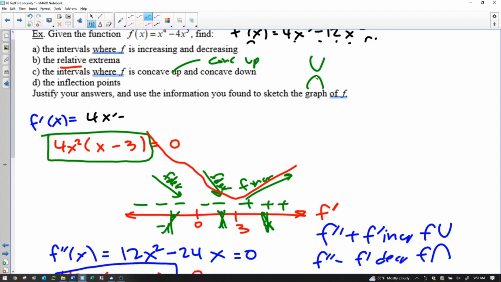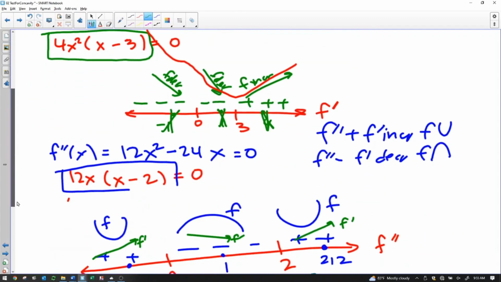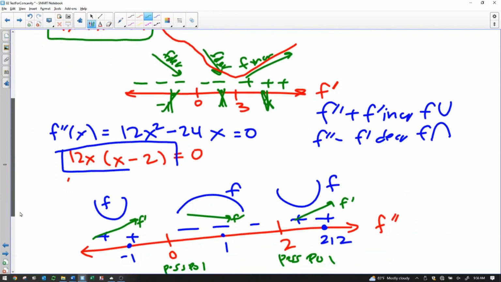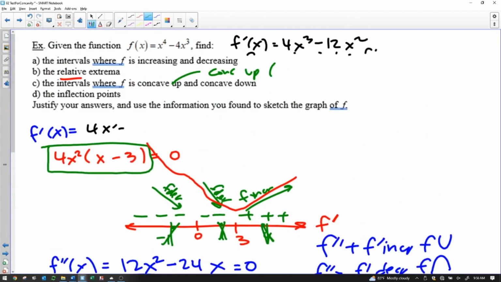It doesn't mean concave up and concave down. So actually write out concave up, and we are concave up between, where is it? Is it negative infinity and 0, guys? Tell me if I'm wrong. Yep. And then also between 2 and infinity, right? What is the justification for concave up?